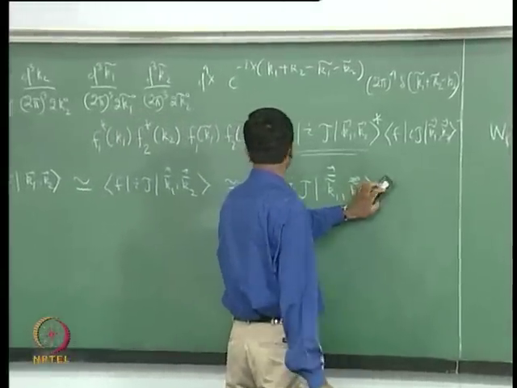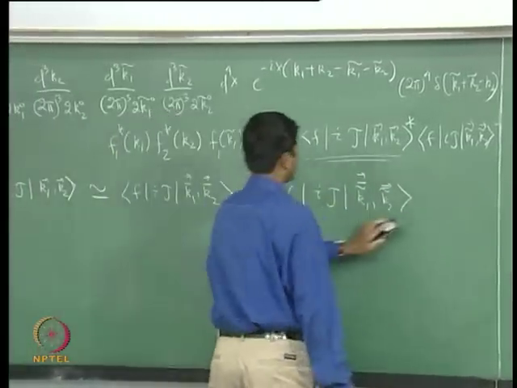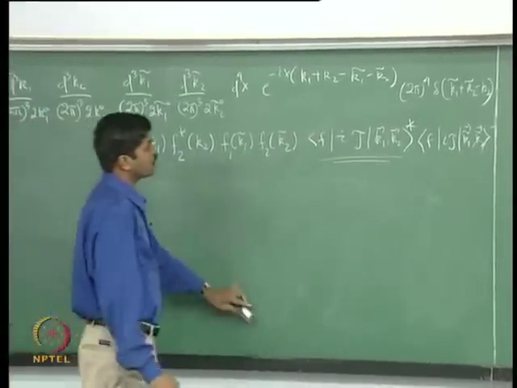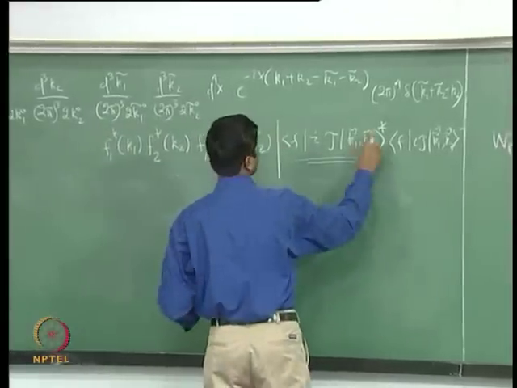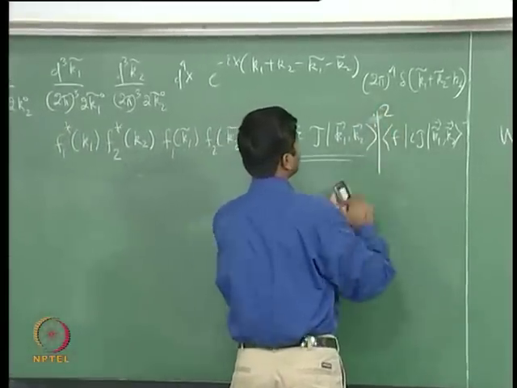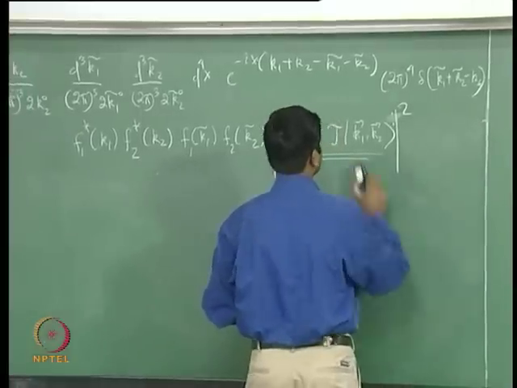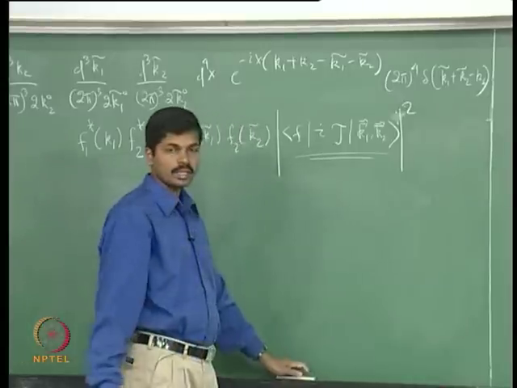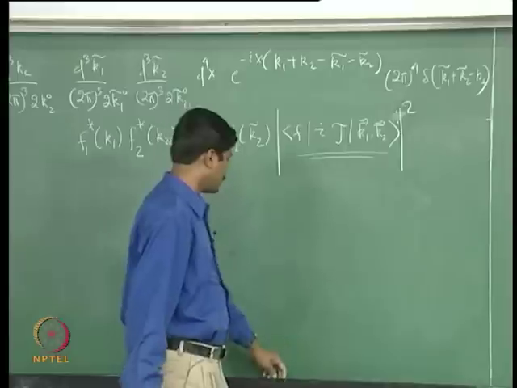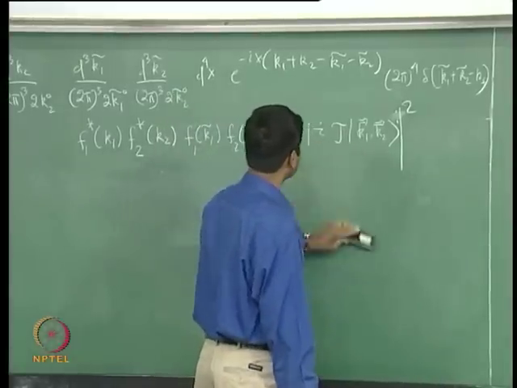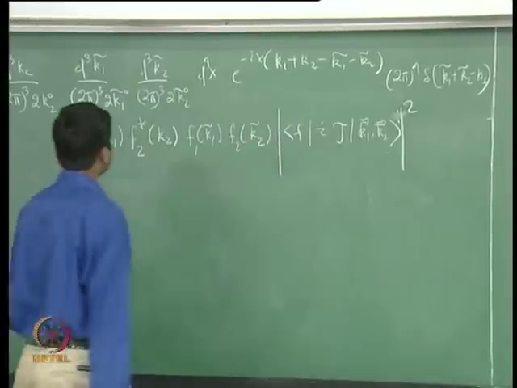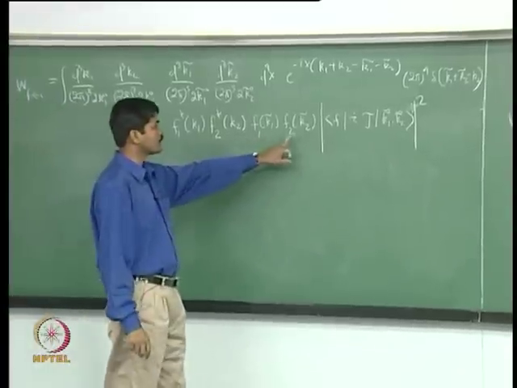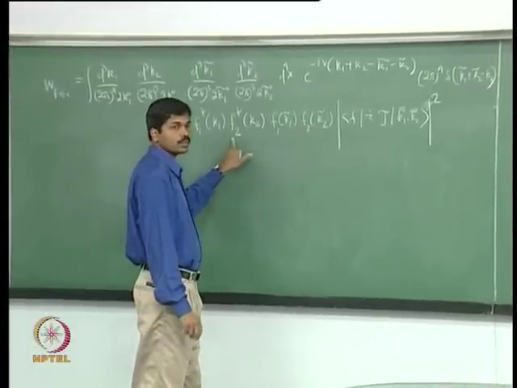Therefore this probability density here is nearly equal to the mod square of this quantity, with k1 and k2 replaced by k1 bar and k2 bar. So I am not assuming this k dependence here. Then of course it is fairly simple, because what you get here is basically the Fourier transform of these 4 f's.